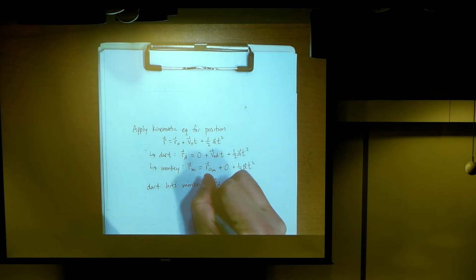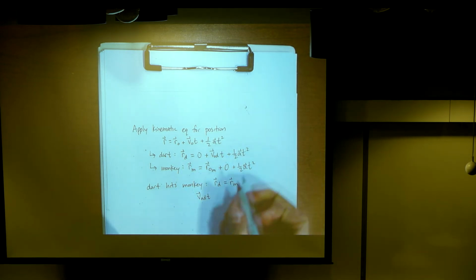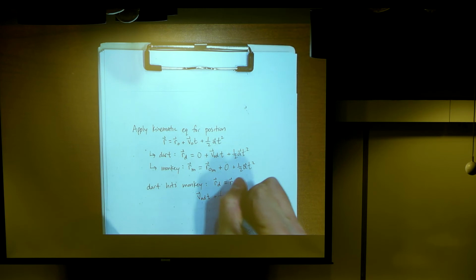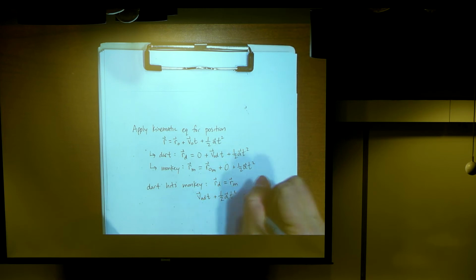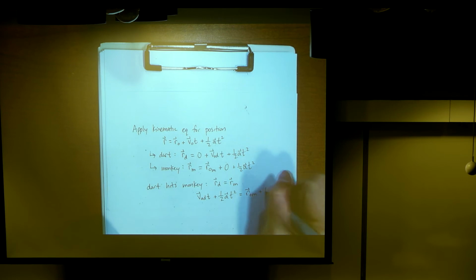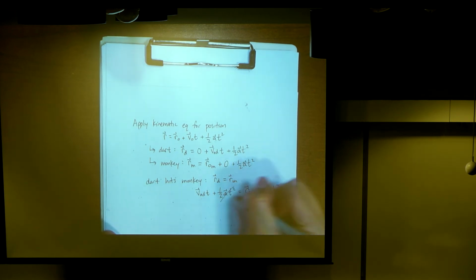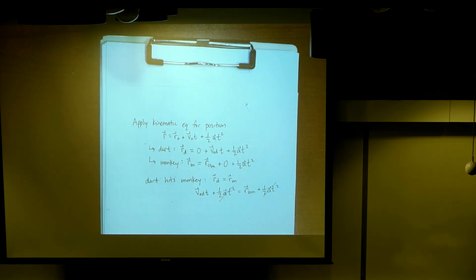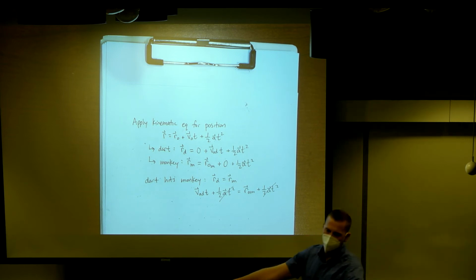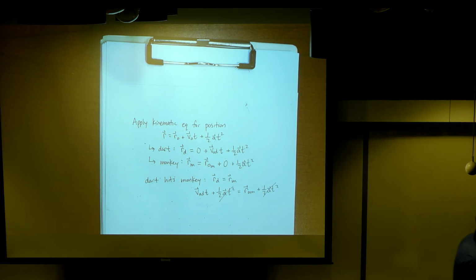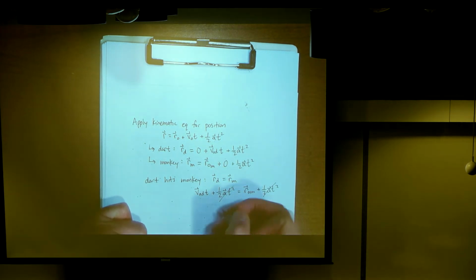Set V0D times T plus 1/2 AT squared equal to R0M plus 1/2 AT squared. So here's the important thing to see. When I set these equal, the acceleration terms just cancel each other out. So in other words, the dart and the monkey are accelerated down by gravity just by the same amount. So they cancel. And here's what we get.